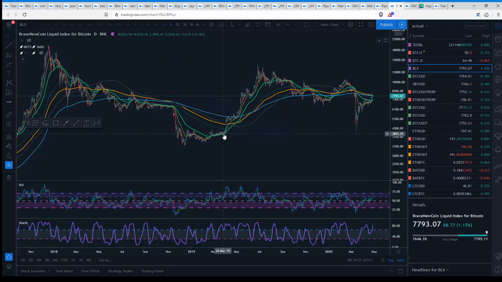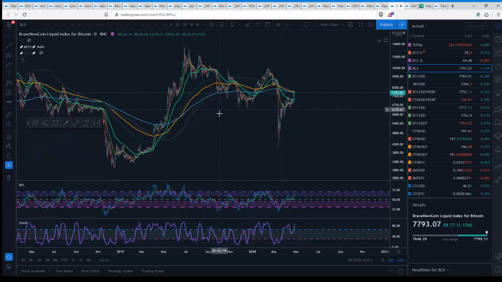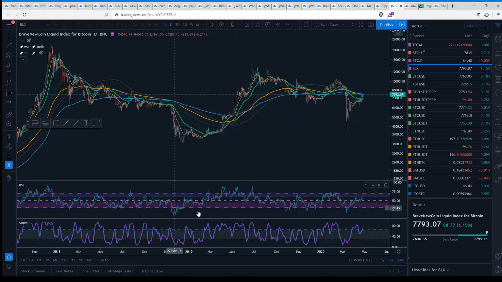Then, besides the algorithm, I have my indicators, which my main indicator are EMAs, exponential moving averages, and simple moving averages. My RSI, which is not the standard RSI, it's a different script which I can provide for free.